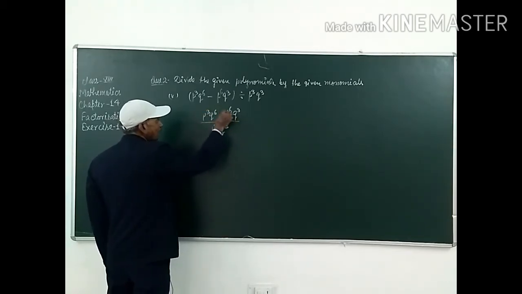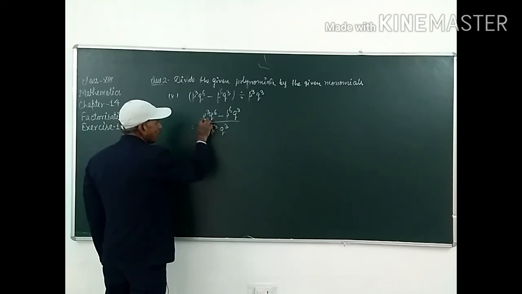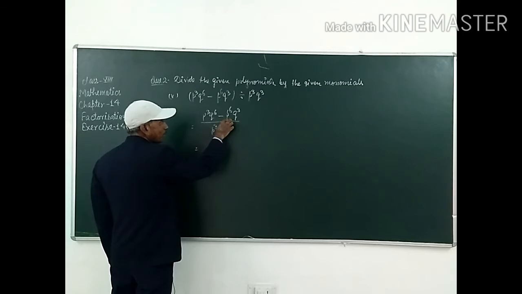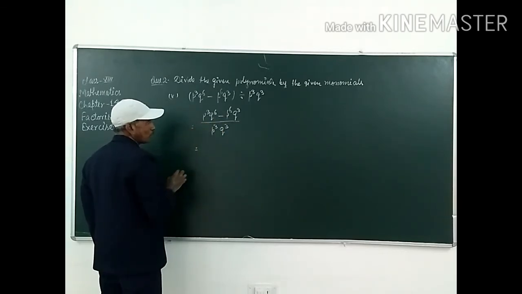So first of all we have to take common in these two terms, students. So it will be p cube q to the power 6, and here p to the power 6 q. So at least 3 times p and q are common in both.